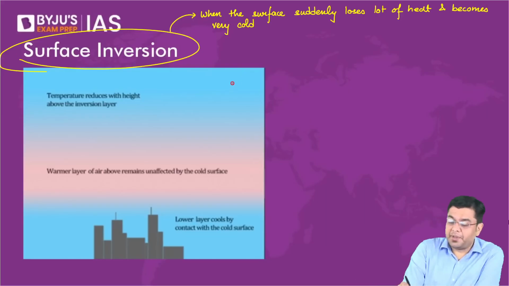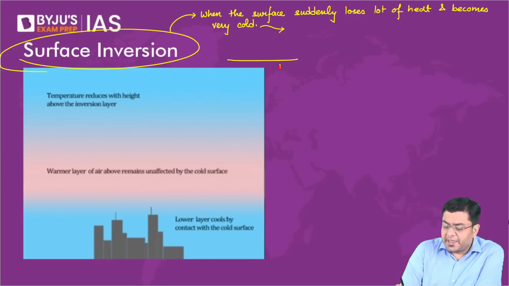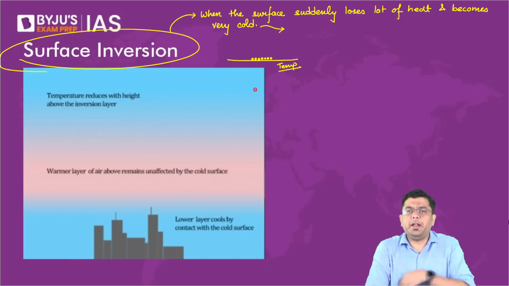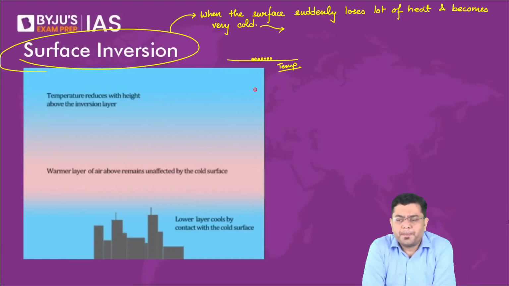Whenever this happens, now, for any surface, whatever might be the temperature of the surface, the air above it, will it get influenced by the surface temperature or will it be independent of the surface temperature? What do you think?